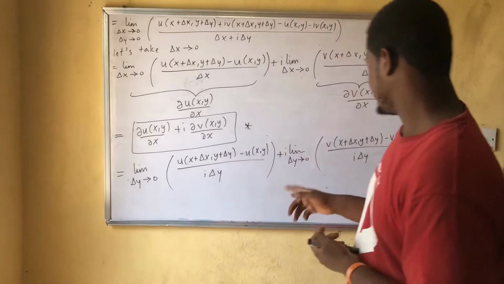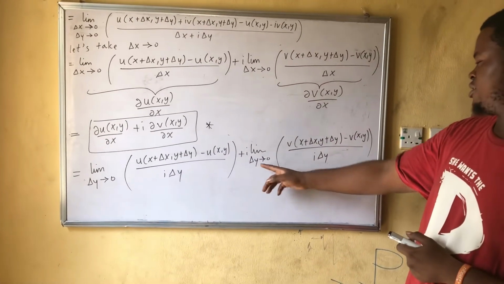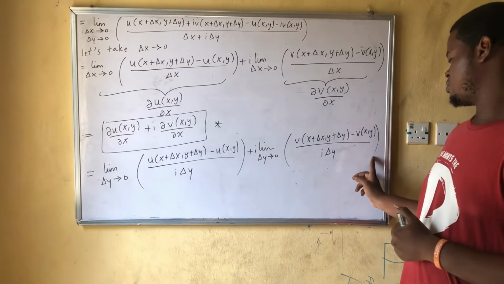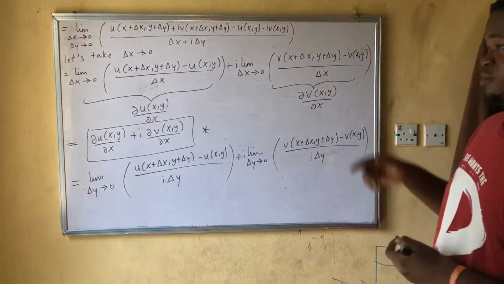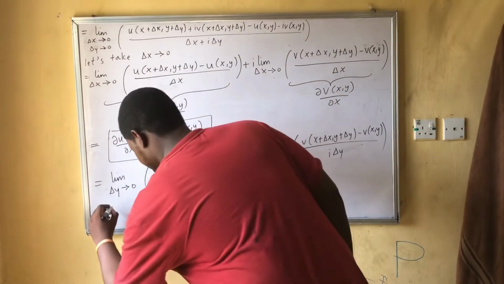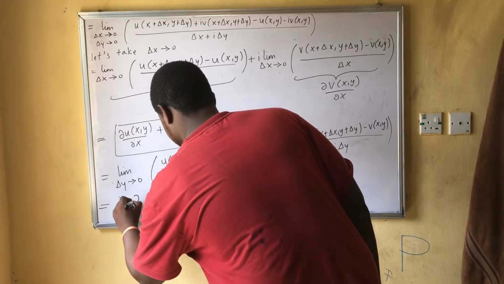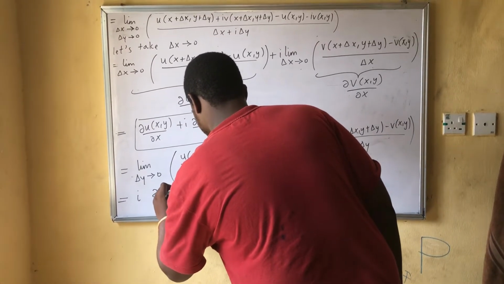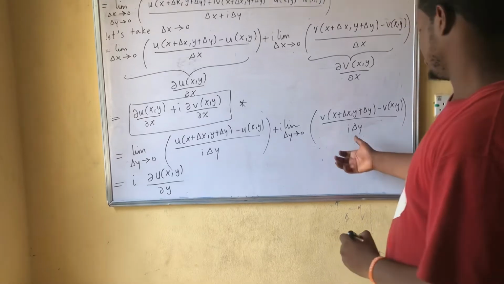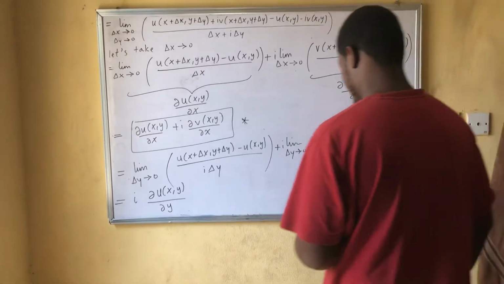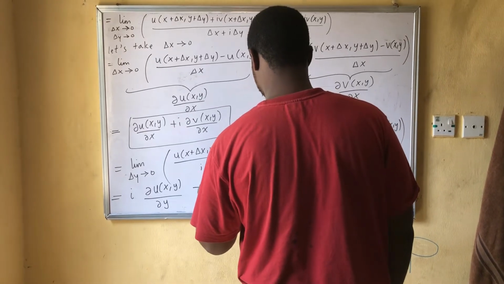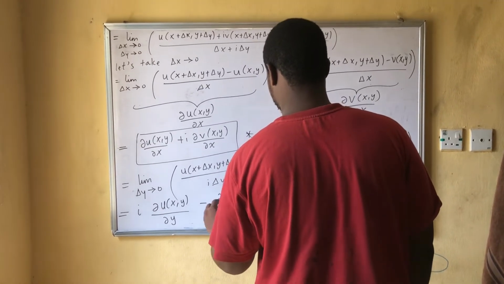Now for this one, when you multiply the numerator by i, you have i times i, which gives us minus 1. When you multiply i with the denominator, you also get minus 1. So you should get plus 1 in general. So I should have something like i times the partial derivative of u with respect to y, and for this I should have minus the partial derivative of v with respect to y.